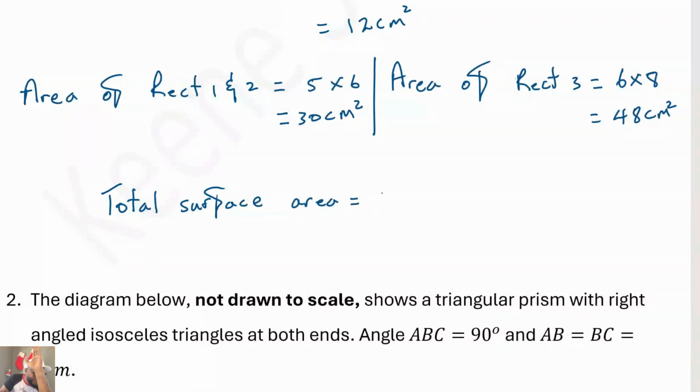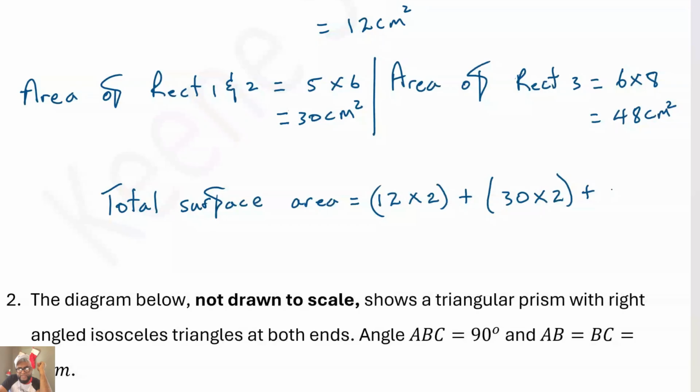I started with the two triangles, right? So what's the area of one triangle again? 12. 12 multiplied by, how many triangles do we have? 2. I put in brackets. Plus, how many 30 centimeter rectangles do we have? 2.